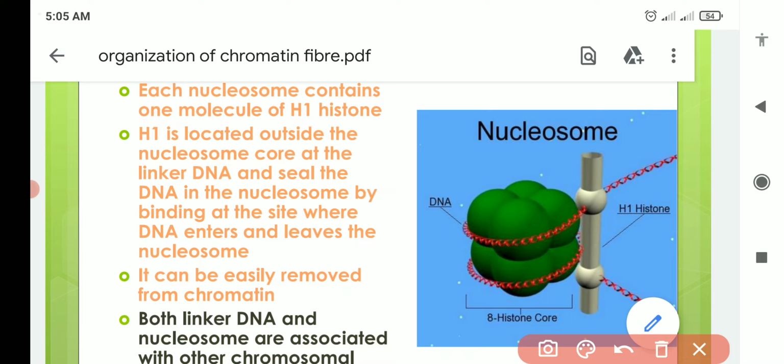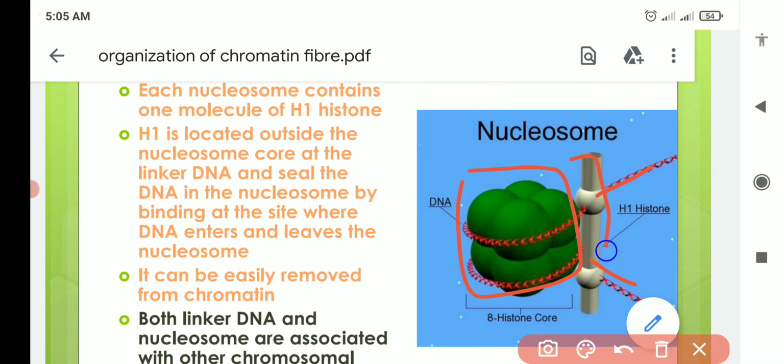So the basic work of this H1 histone is sealing the DNA which is entering the nucleosome and, after coiling, coming out from the octamer. That's why it tightens the octamer structure by sealing the incoming DNA and outgoing DNA.